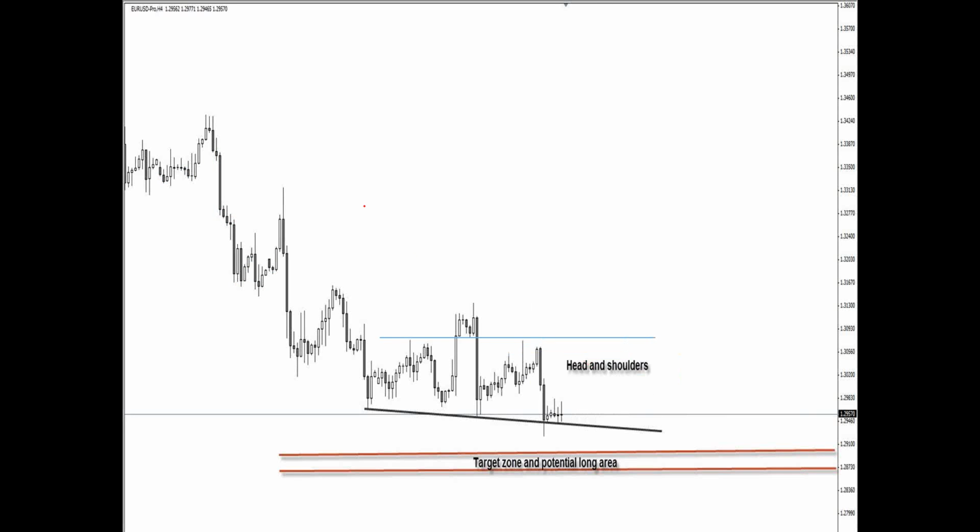So head and shoulders. Probably most of you know that there were traditional teachings how to trade head and shoulders, which in my opinion are not that bad, but definitely they're not better than the modern approach. Today we can definitely make a good number of pips when we trade head and shoulders the traditional way.